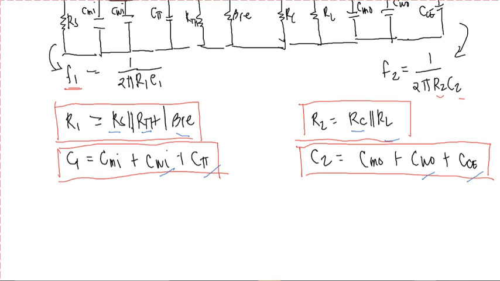So the problem now is that we don't know how to solve for CMI and CMO, our Miller capacitance. This is not present in our circuit unless given, unless the problem asks for it and gives the values of CMI or CMO. So we have a formula for your CMI.